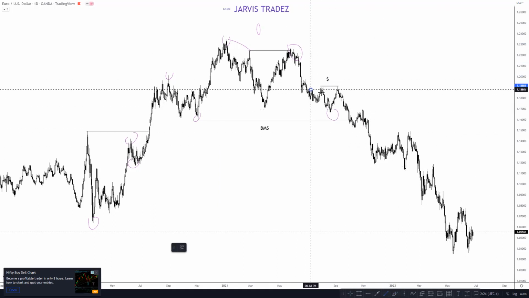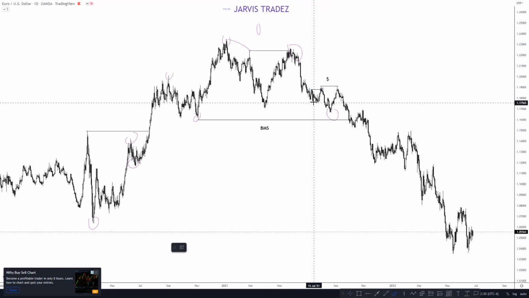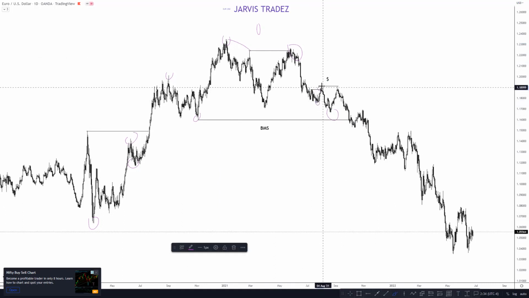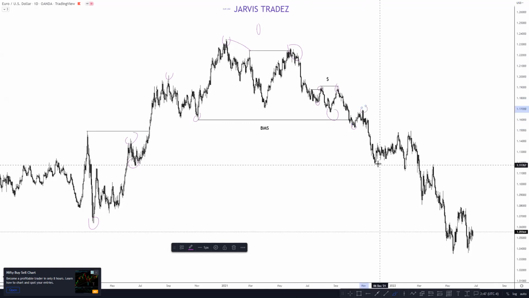Price took out this as an inducement. After taking out this inducement, we had a formation of this swing high to this swing low, and this is another swing high, another swing low. This swing high to this swing low and this swing high to this swing low will be your range structure.